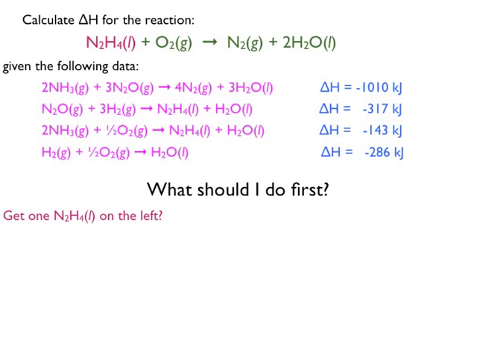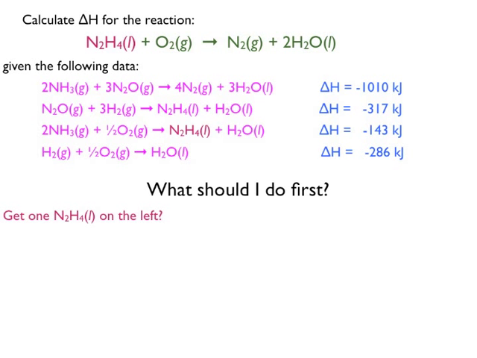Oh, I see liquid hydrazine in the second equation, but it's 1 mole on the right. So I could reverse the second equation and change the sign of its delta H, and that would put a mole of hydrazine on the left. That would work, right? Oh, but there is another way to do it because the hydrazine also appears in the third equation. So I could reverse that one and put a mole of hydrazine on the left. So I guess there's 2 ways to do it.